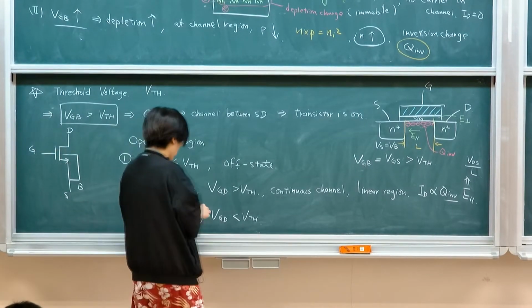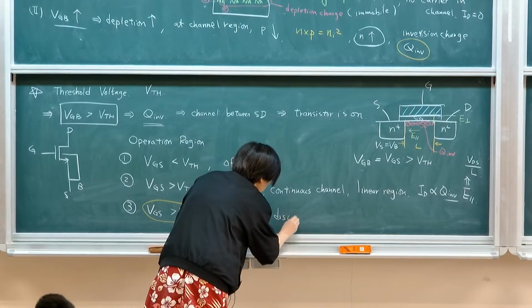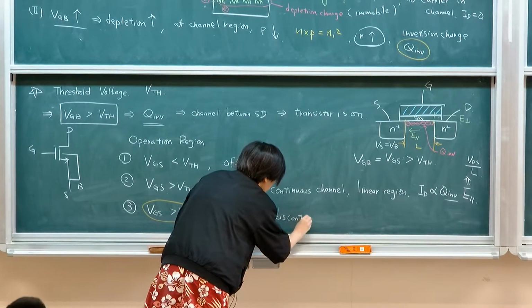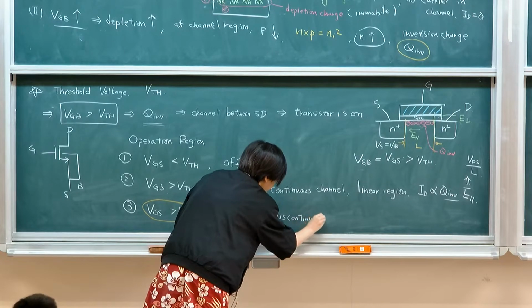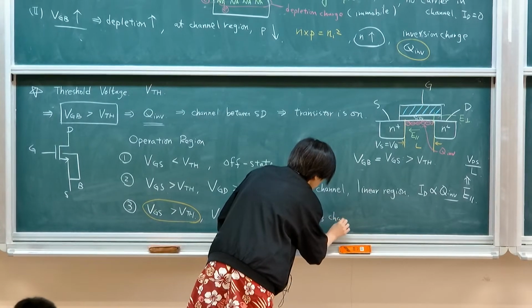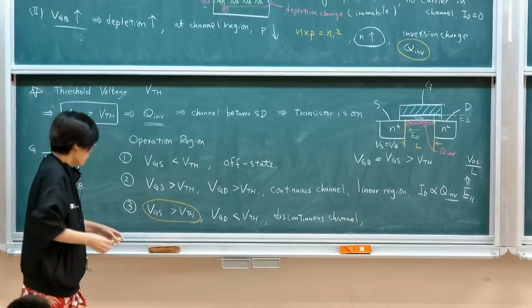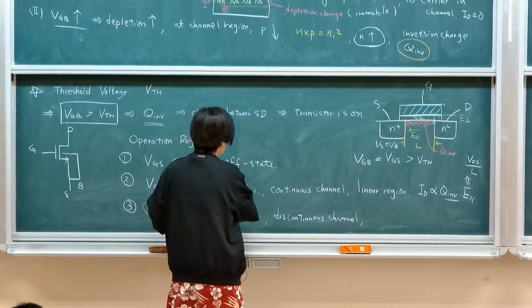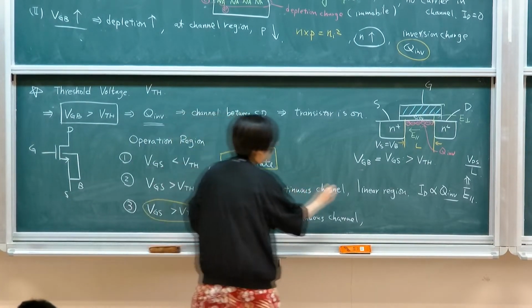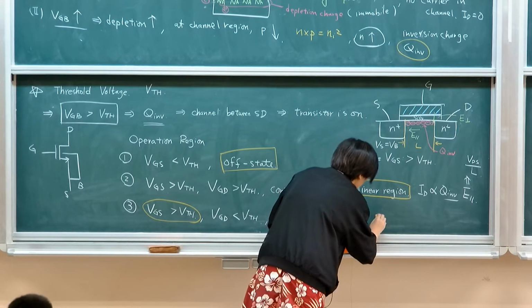In this region, we have a discontinuous channel. Even though it's discontinuous, the carriers can still jump through. This is the off state, the linear region, and then I have the saturation.